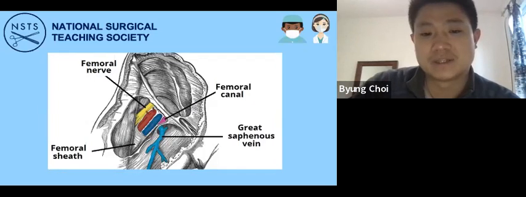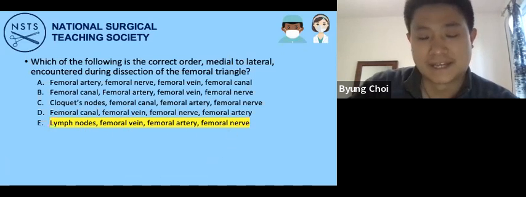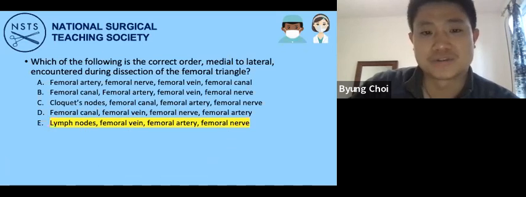It would be L first, which is your lymph node, an empty space, which is essentially your femoral canal, femoral vein, artery, nerve, in that order. So going back to the answer: nodes, vein, artery, nerve. That's the opposite of NAVEL, because in this question we want medial to lateral.